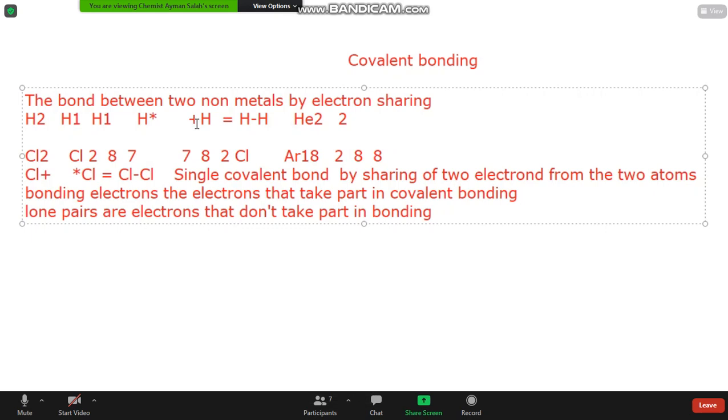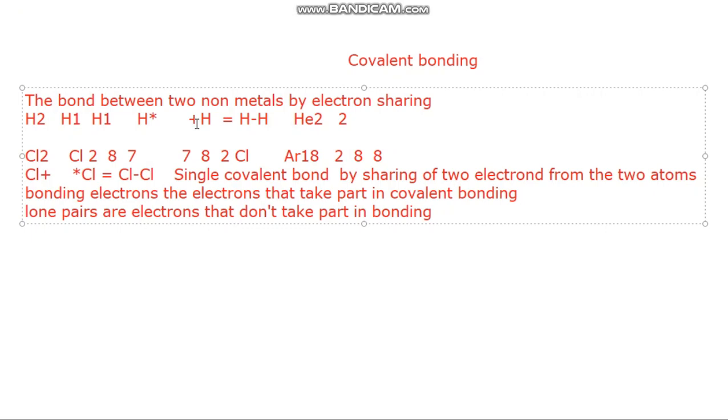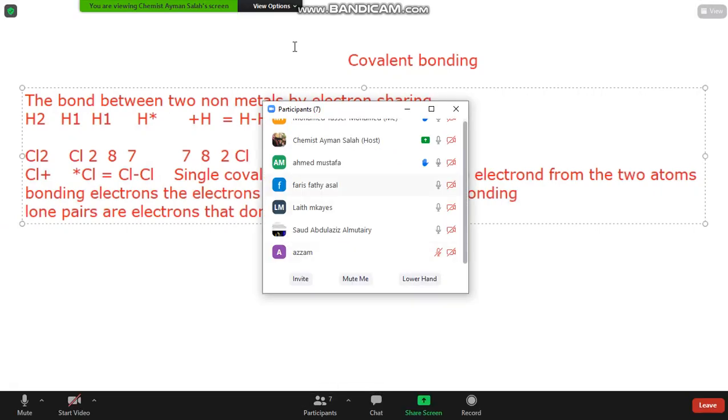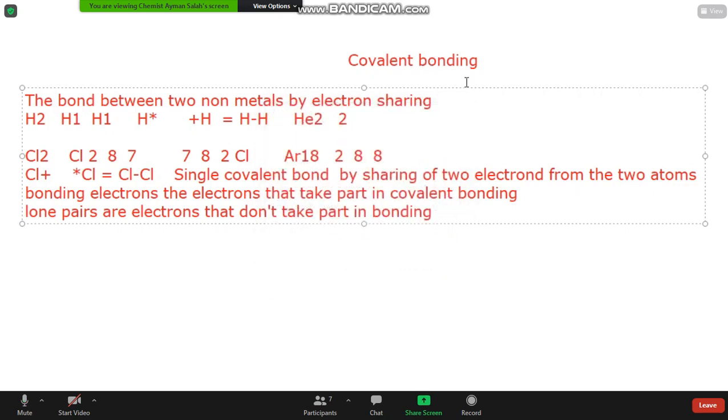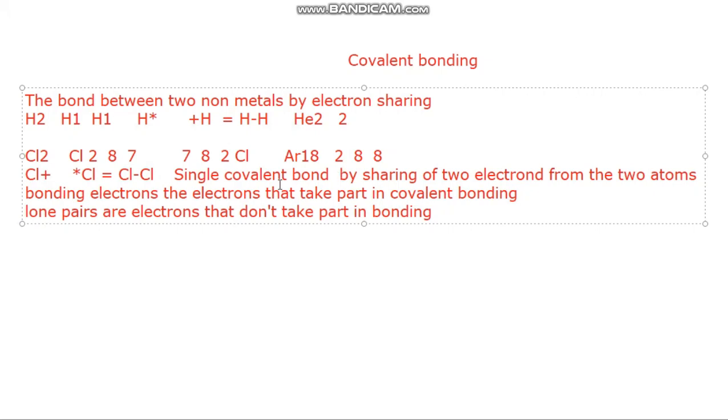That 1 electron is shared and takes part in the bonding. So how many lone pairs in hydrogen? Muhammad, yes. No pairs, 0 lone pairs, because all the electrons in the hydrogen molecule take part in the reaction. So it doesn't contain lone pairs.